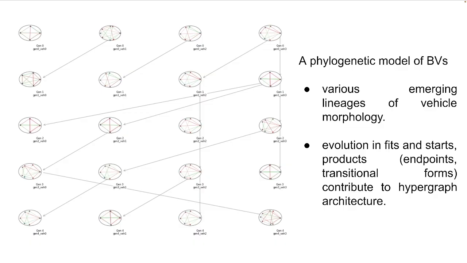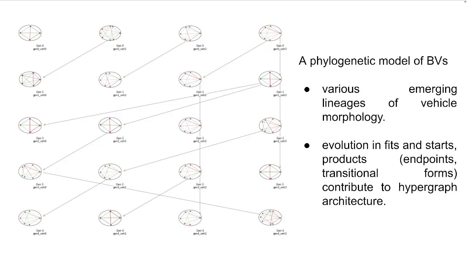We form these lineages, so we see these arrows. We evolve vehicle 1, and we generate a vehicle 0 in generation 1 that's similar but different. We have lineages that maybe have dead ends and don't branch, or lineages that branch and form this internal phylogeny.